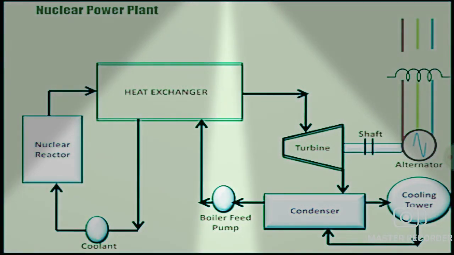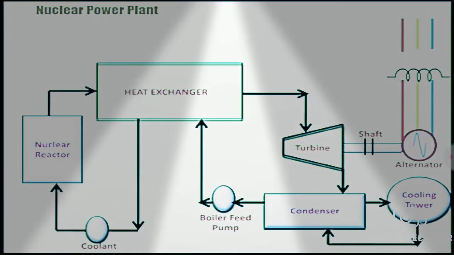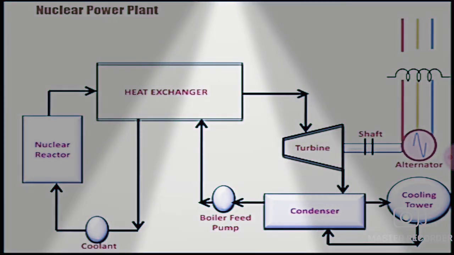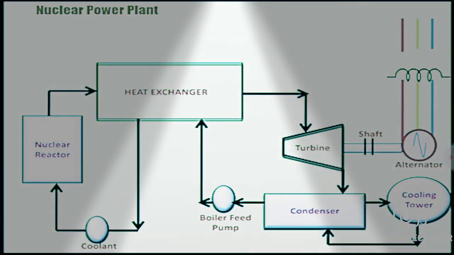The exhaust steam is then condensed using the condenser and gets converted. In order to maintain the flow of coolant, condensate and feed water, various pumps are employed in this system. By this procedure, the electricity will be generated.